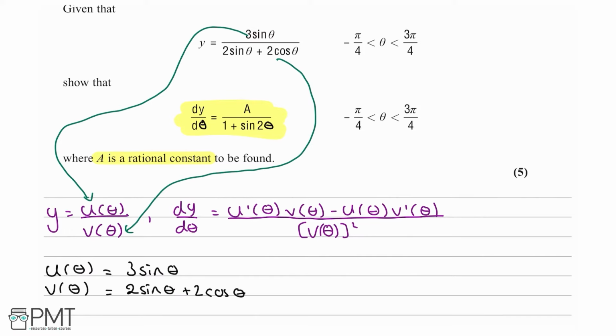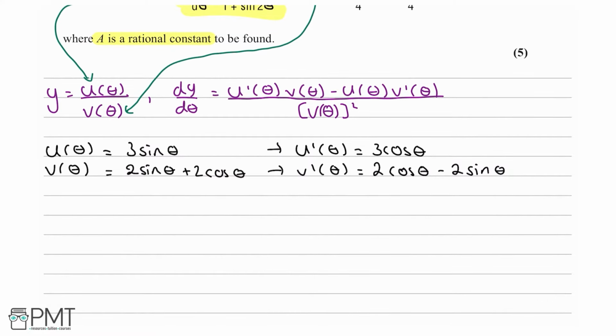Okay, so this implies that the derivative of u theta equals 3 cosine theta, and the derivative of v theta is, differentiating each term separately, 2 sine theta becomes 2 cosine theta, and 2 cosine theta differentiates to minus 2 sine theta. Okay, let's plug these all into our expression for dy by d theta.